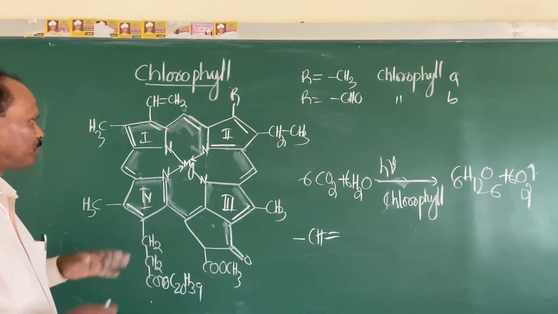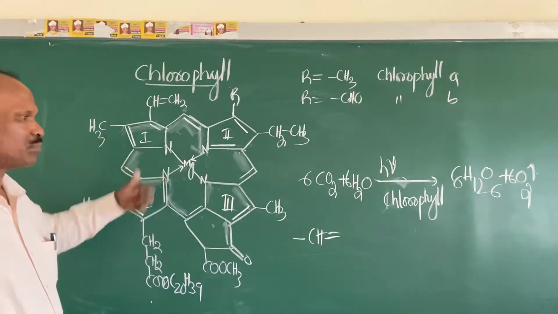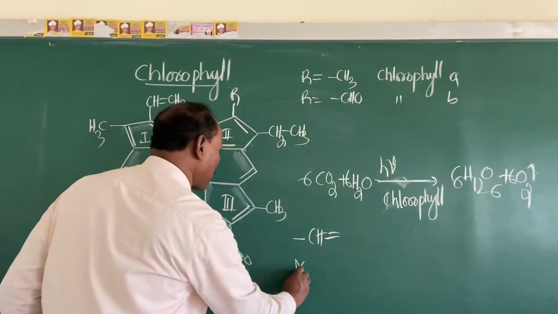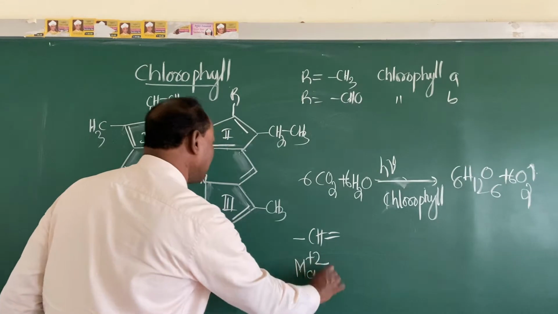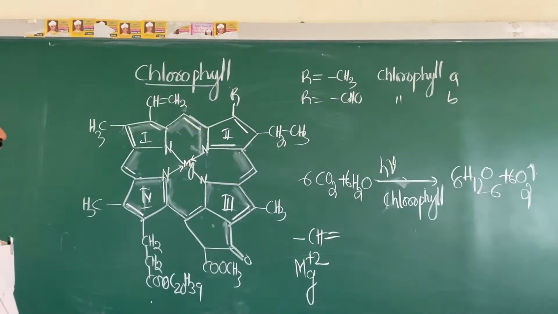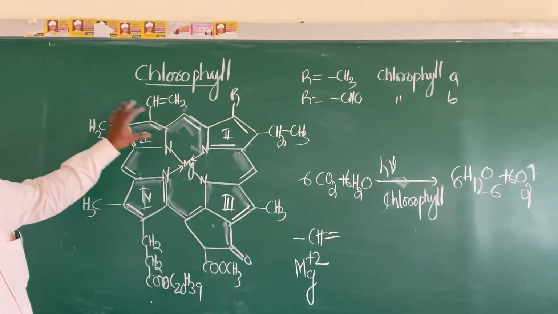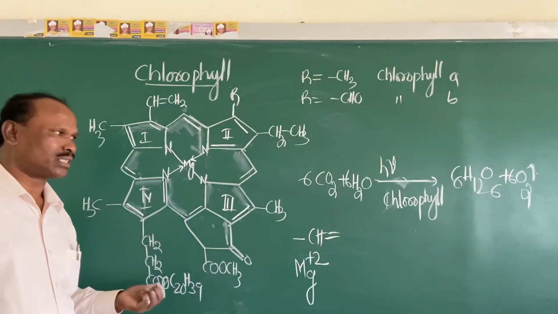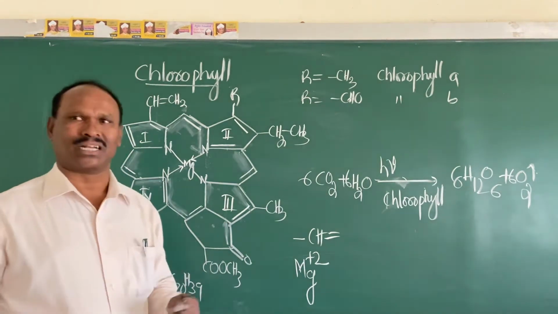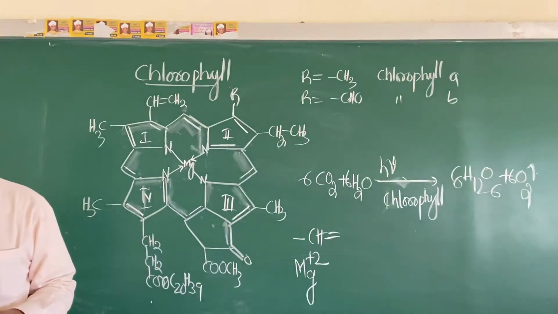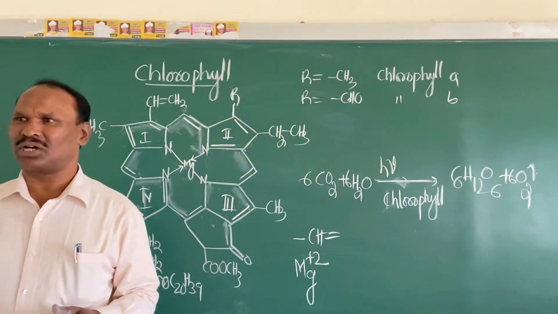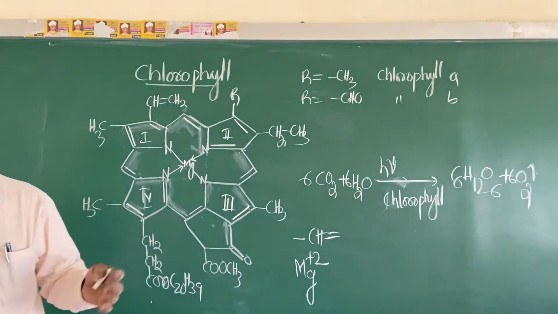So in chlorophyll, the ion that is present is Mg plus 2, right? Because of this Mg plus 2 ion, the plants, the leaves, appear green in color. That is important. As you learned, the blood is red because of the presence of Fe plus 2 ion.